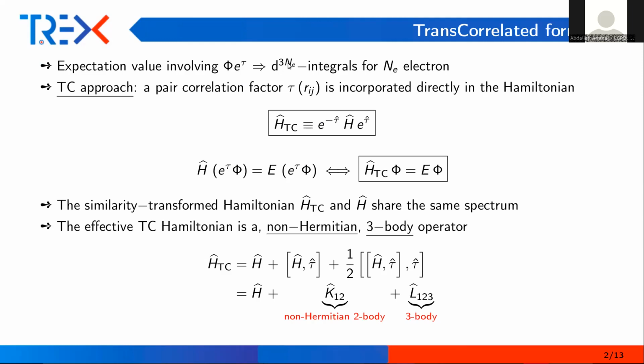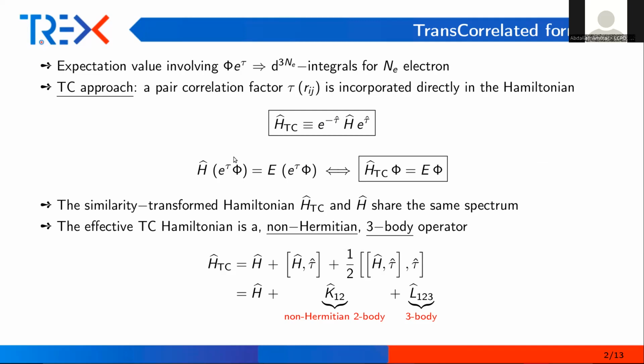An efficient alternative is to incorporate the correlation factor directly in the Hamiltonian via a similarity transformation to obtain the so-called transcorrelated Hamiltonian.